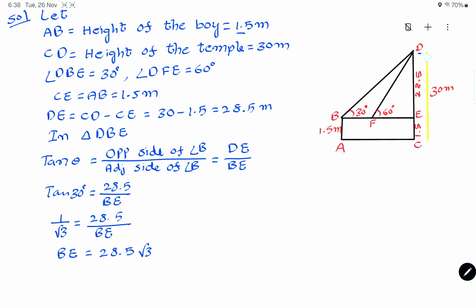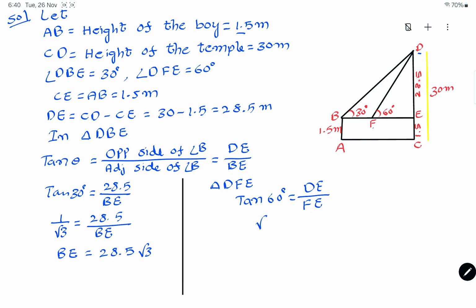Now take triangle DFE. In triangle DFE, also the angle is 60 degrees, and the opposite side is 28.5. We need to find the adjacent side. For that we use the tan ratio. We know that tan theta is equal to the opposite side of angle F by the adjacent side of angle F. Tan 60 degrees is equal to DE by FE.